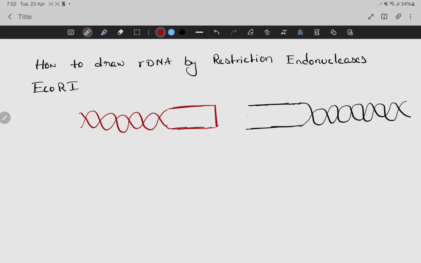So this red color one is the vector DNA, and the black color one what I am drawing here is the foreign DNA.